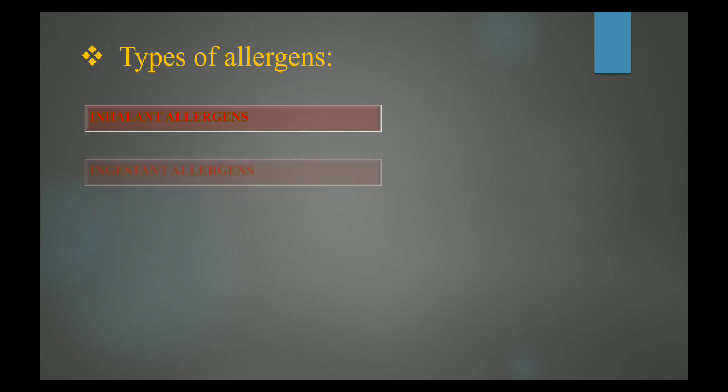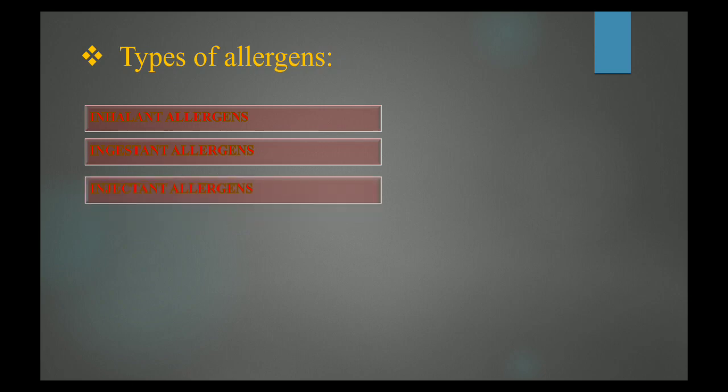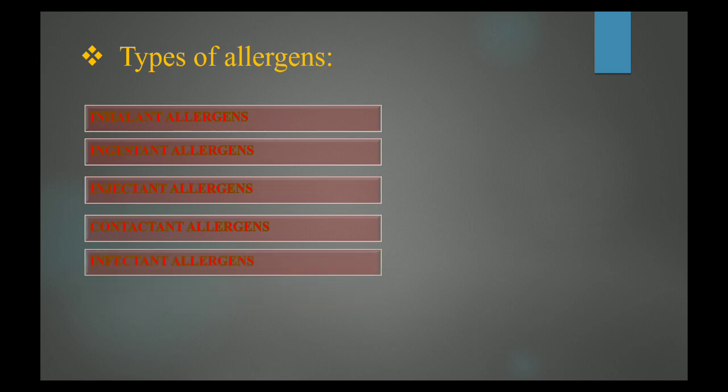Then inhalant allergens. The types of allergens are: first, inhalant allergens; second, ingestant allergens; third, injectant allergens; fourth, contactant allergens; fifth, infectant allergens.